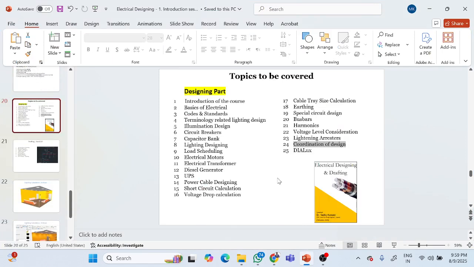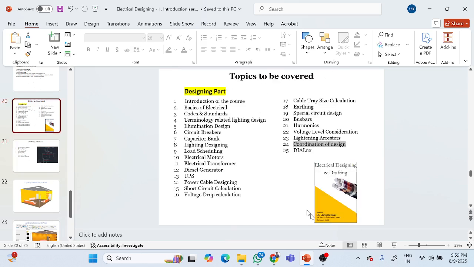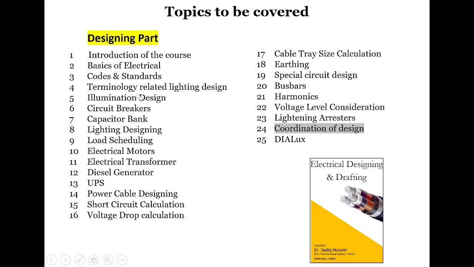So there we have 25 chapters for the complete course, and 8 chapters for drafting. In this part, what you will learn: introduction of the course, obviously, then basics of electrical codes and standards, what codes and standards we should use in what field, and for specific needs which codes we should use.